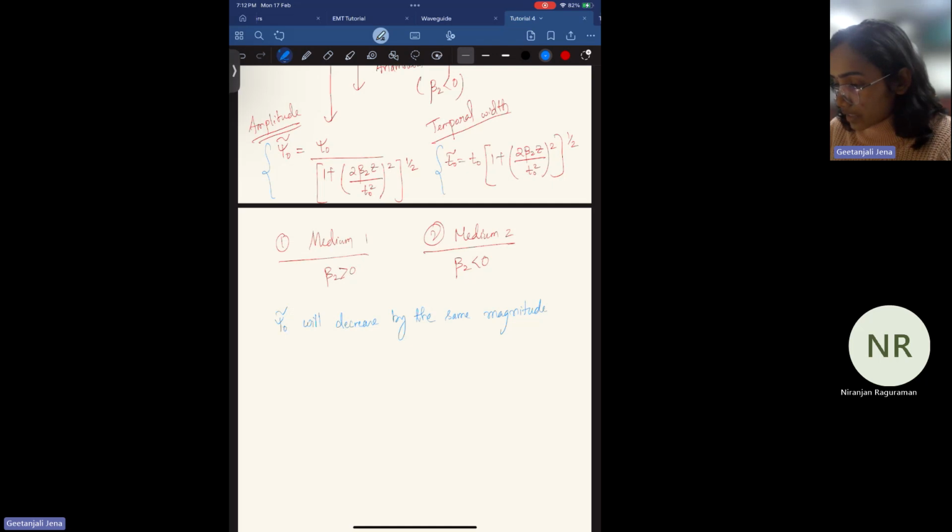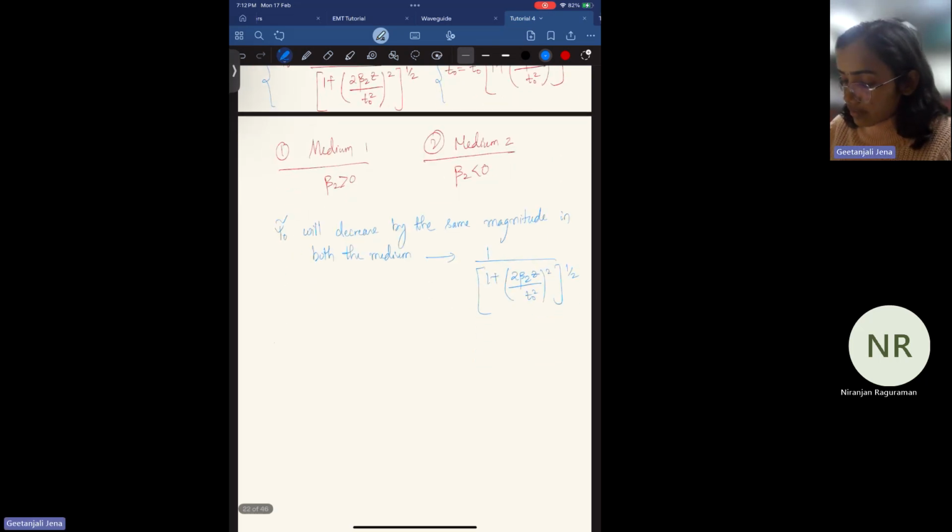So it will decrease by the same magnitude in both the media, and this magnitude is 1 over (1 plus (2 beta 2 z over T0 square) whole square) to the power half.